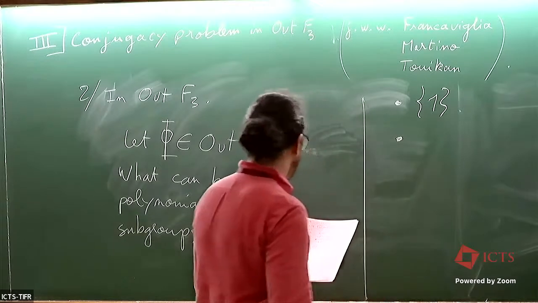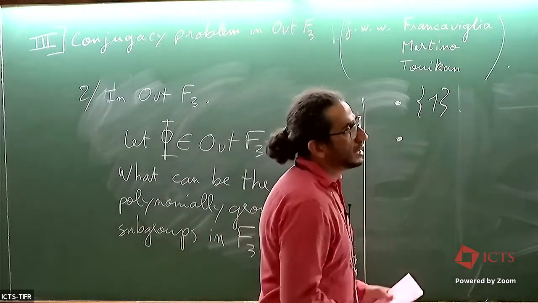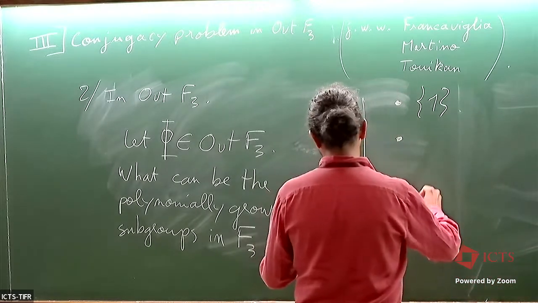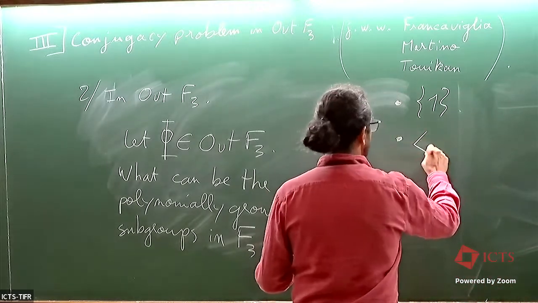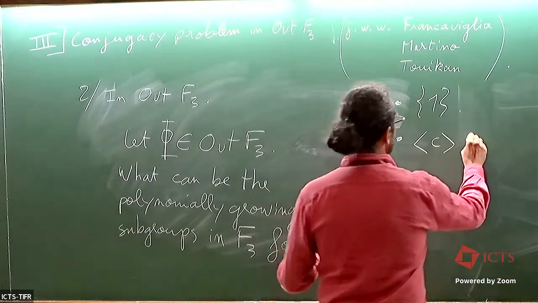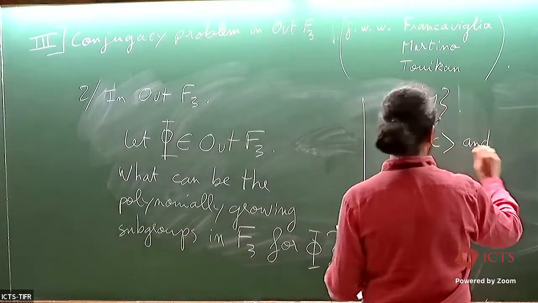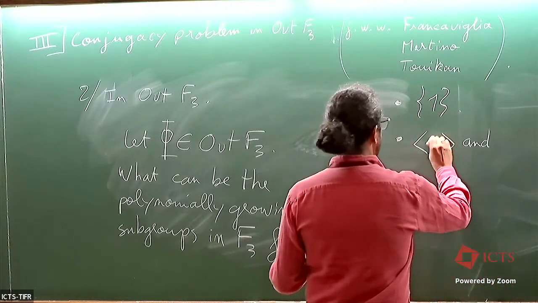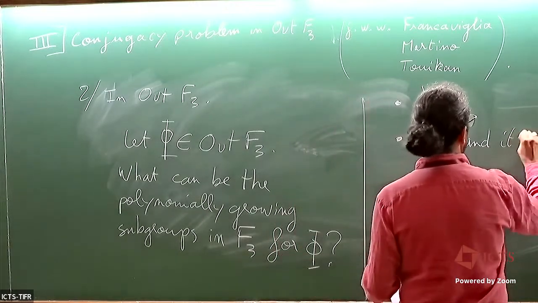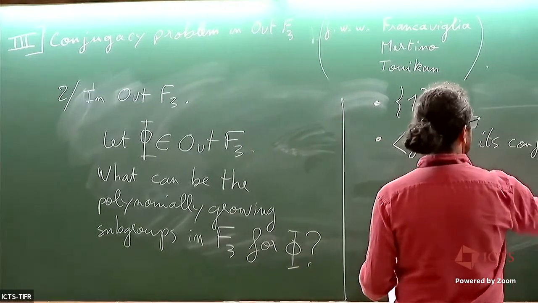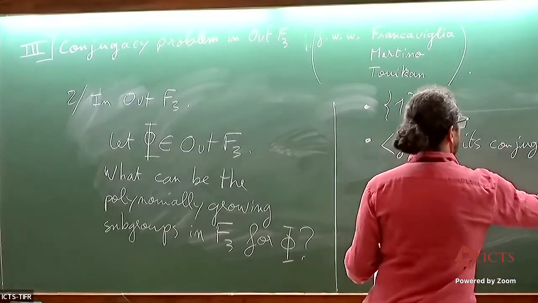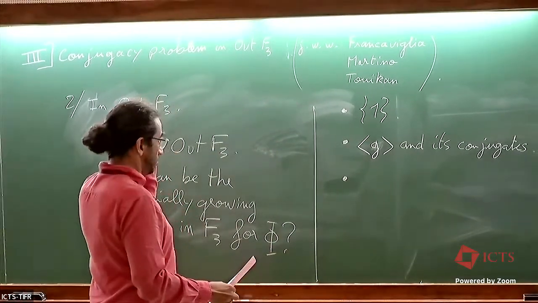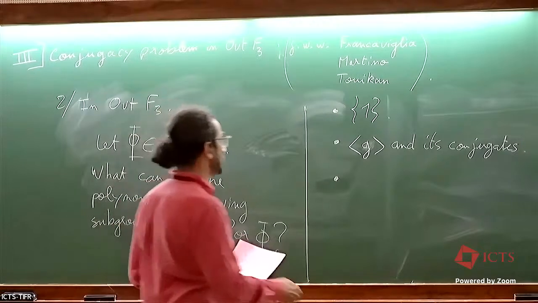Second possibility, one conjugacy class of a cyclic group, call it G, and its conjugates. Third possibility, two conjugacy classes of cyclic groups.